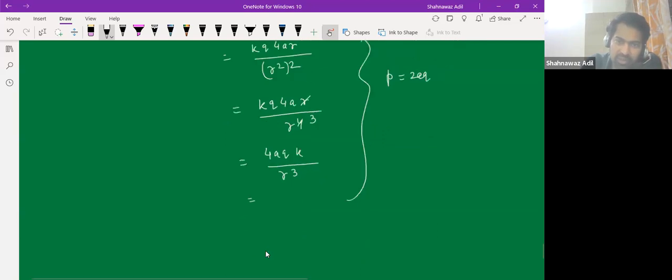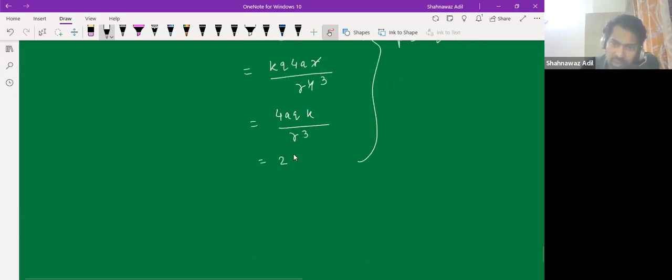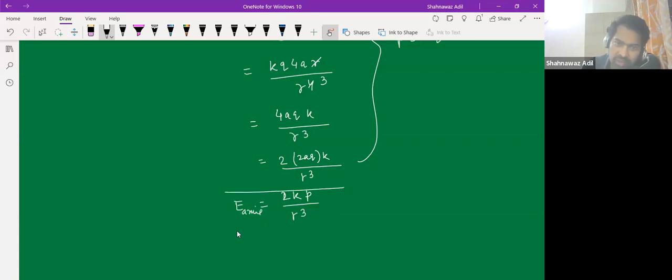So this would be 2 times 2AQK divided by R cube. So this is P, right? So I can write this as 2KP divided by R cube. So that is the electric field at the axial point. This is the magnitude.